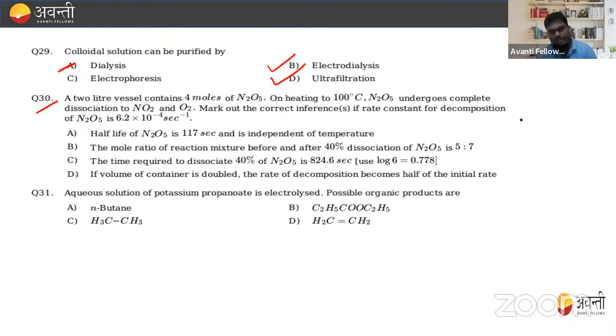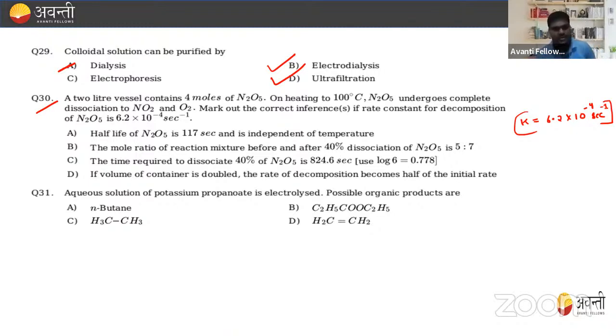So K is nothing but 6.2 into 10 raised to the power minus 4 per second, second inverse. You have to mark out the correct inference, right?